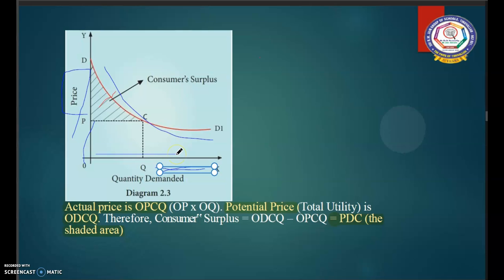You can see this in the diagram. Hence the actual price is OP into CQ, and the potential price, that is the total utility, is ODCQ. So the consumer surplus is ODCQ minus OPCQ equals PDC, that is this shaded area.